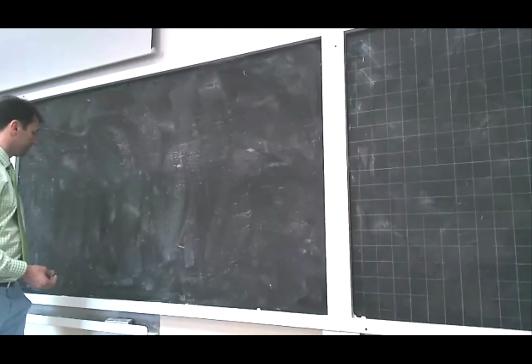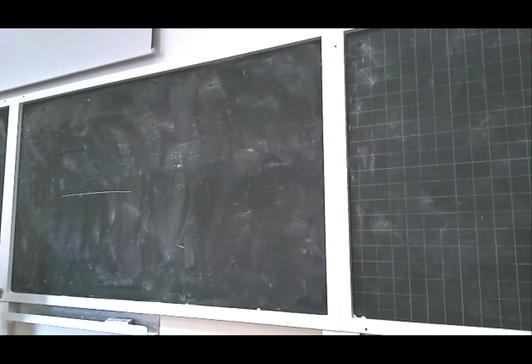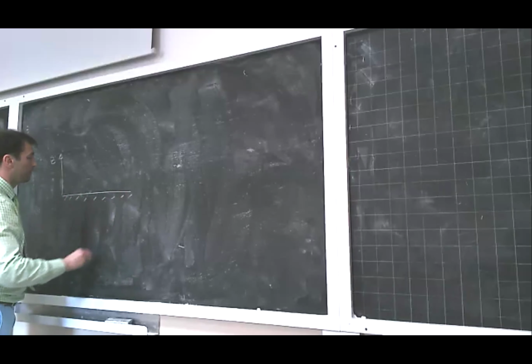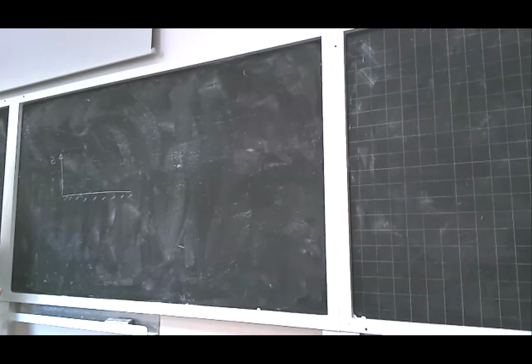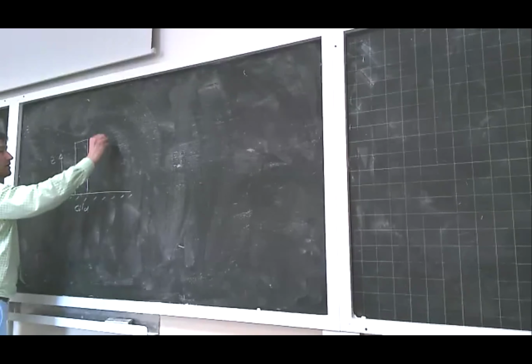Now, let's say here is the surface of the Earth, and this is the height, Z, okay? And we have two columns of air. Here is cold air, here is warm air.